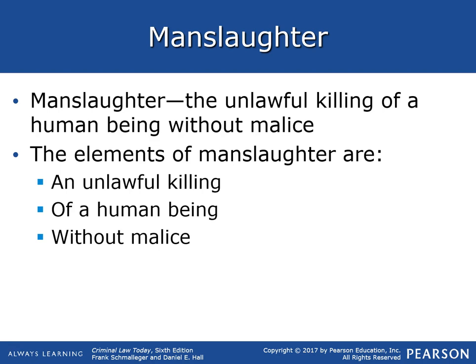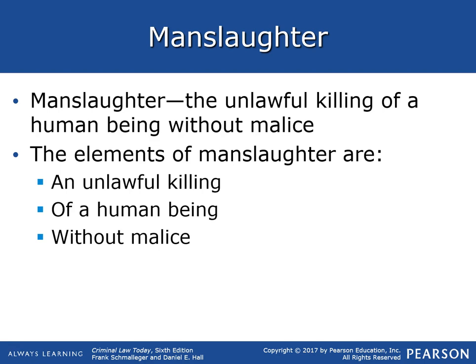Manslaughter is the second of three general types of criminal homicide discussed in this lecture, and manslaughter is the unlawful killing of a human being without malice. Manslaughter differs from murder in that malice and premeditation are lacking.